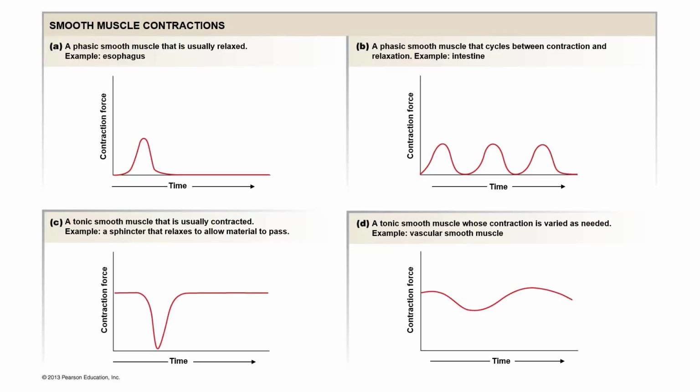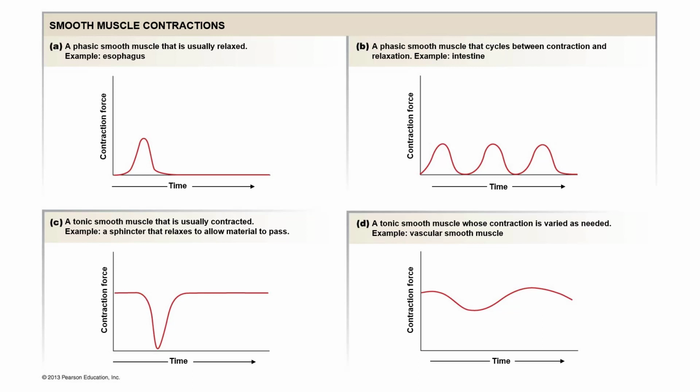Looking at the types of contractions of our smooth muscles, I stated that we have two types, phasic and tonic. The difference between these is how much tension is retained in that muscle when it's at rest. So in a phasic smooth muscle, at rest, it's usually relaxed, so there's not an innervation going on that's maintaining tension in the muscle.